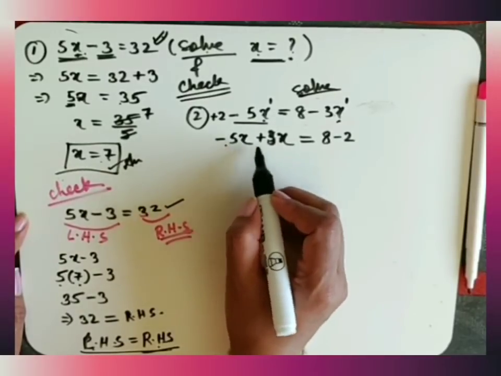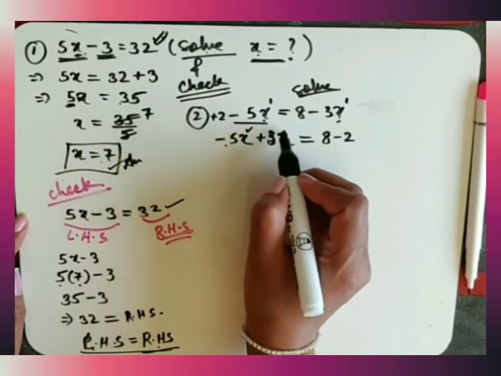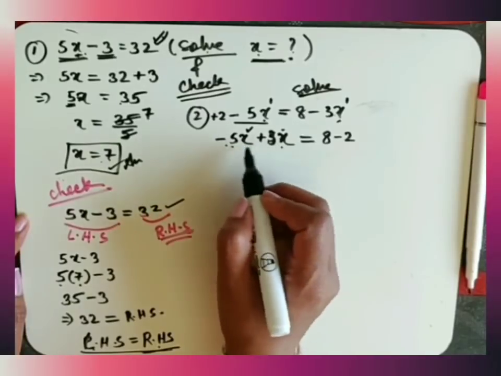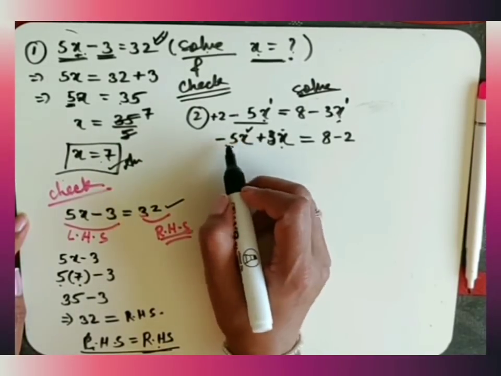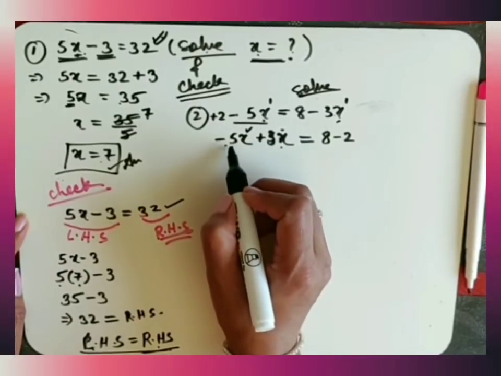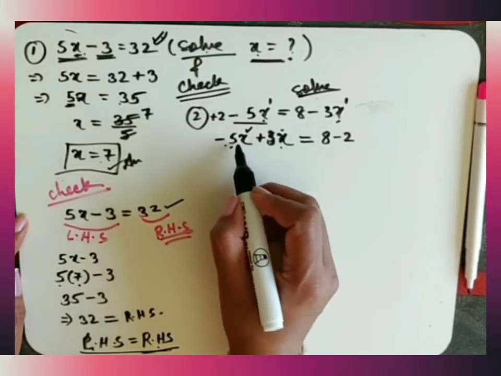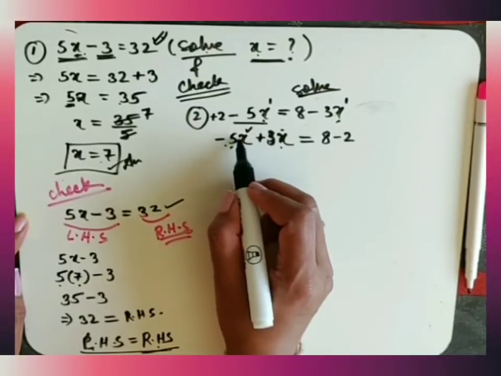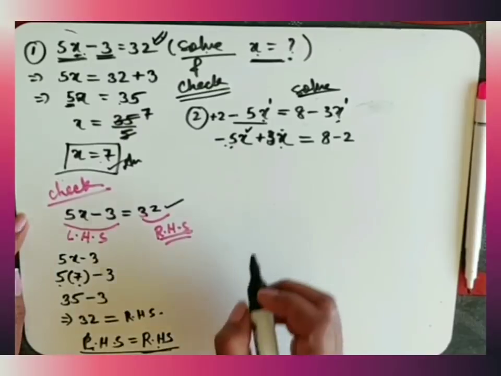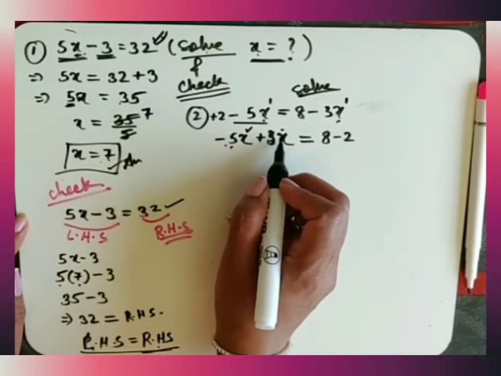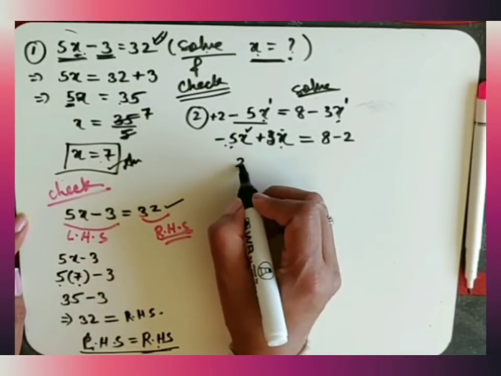Now minus 5x and 3x are both like terms, so we can add or subtract. If we have two signs, minus and plus, we subtract here. So 5x minus 3x: first subtract, then we look at the sign. If we take away 3x from 5x, we get 2x.